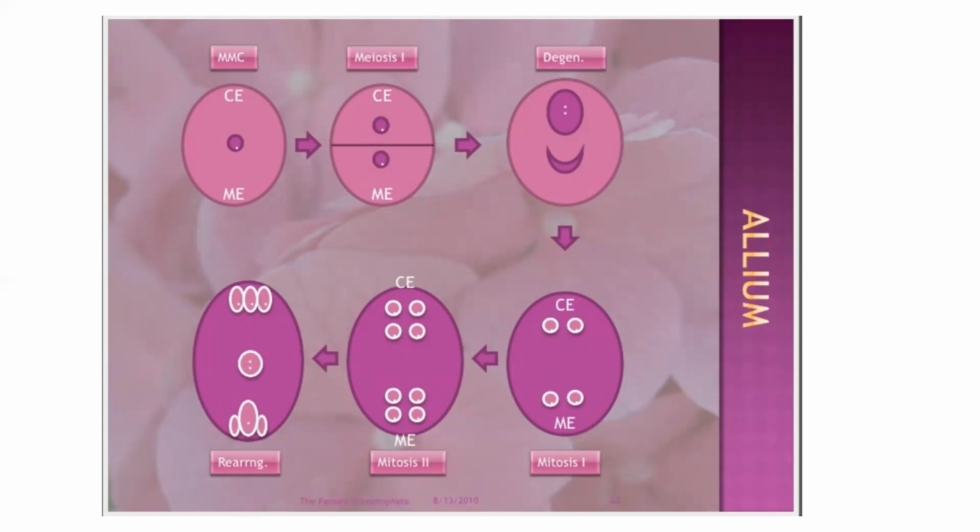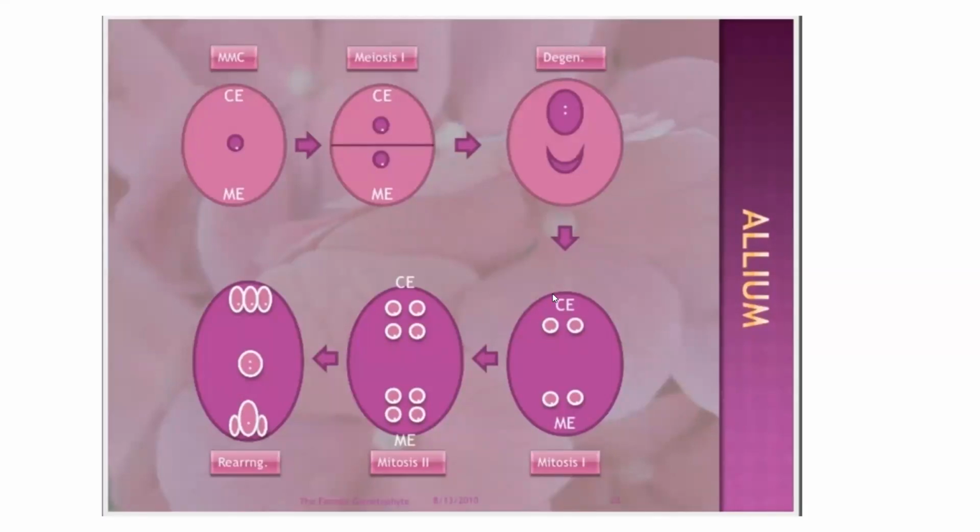Strasburger described the development of the bisporic type of embryo sac in Allium fistulosum. So why is it known as Allium type? The plant is Allium fistulosum. That's why it is referred to as the Allium type.